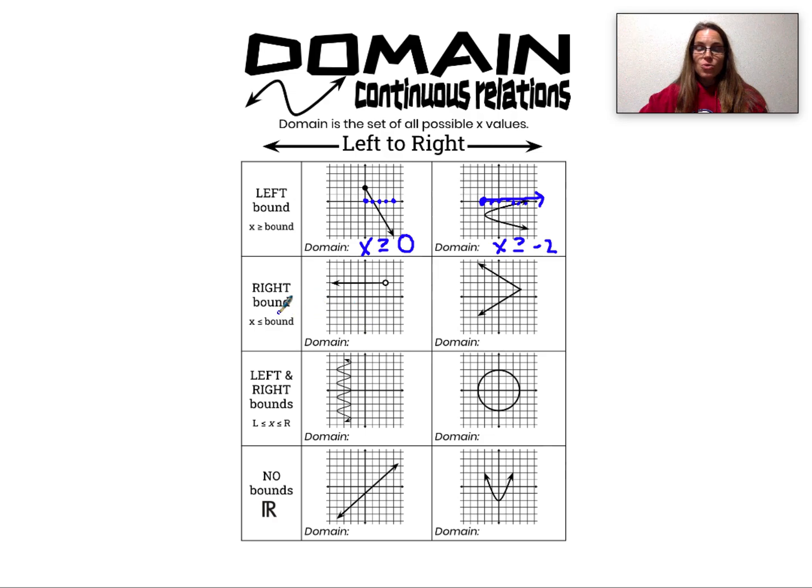Similarly, we will write an inequality statement if there is a maximum rather than a minimum, as was the case here. So there was a left bound or a minimum. If there's a right bound or a maximum, a similar inequality will be written. So for this graph, there is no point on the graph with an x-coordinate of 3.